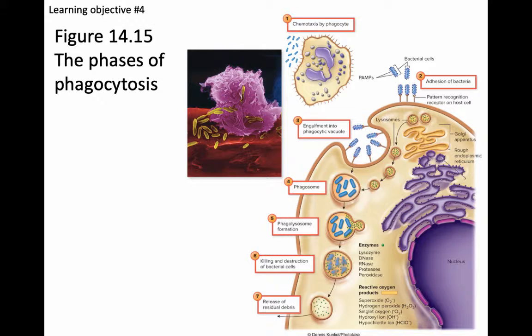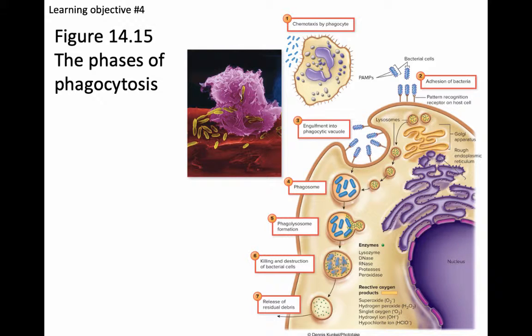On the surface of the bacteria are pathogen-associated molecular patterns. So the pattern recognition receptor on the phagocyte binds to the pathogen-associated molecular pattern on the surface of the microbe. These two are shown bound up in step 2.